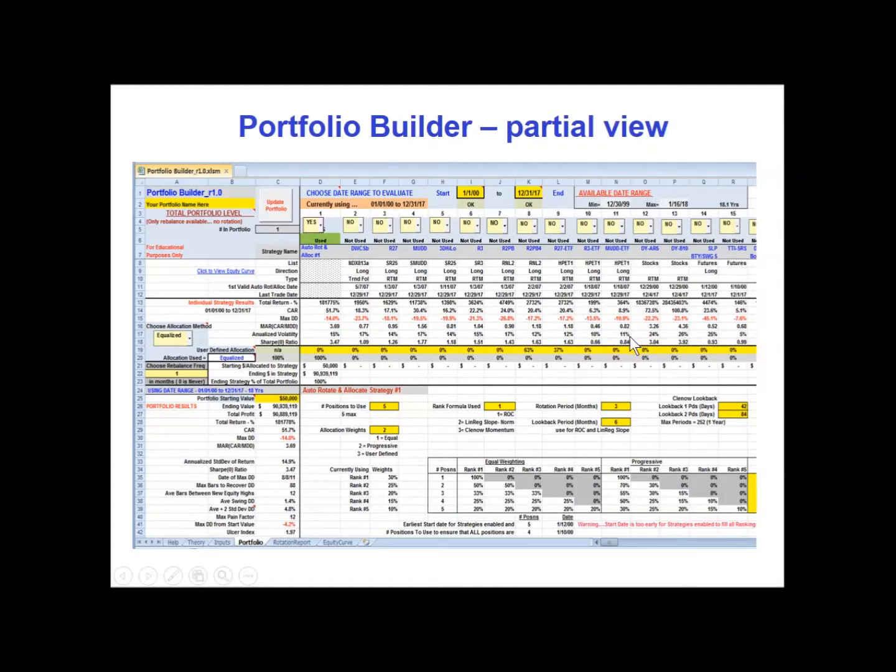Is that from the equity curves that you enter? Yes, these are from the equity curves that you entered. And by the way, if you change the time period, these will all change.